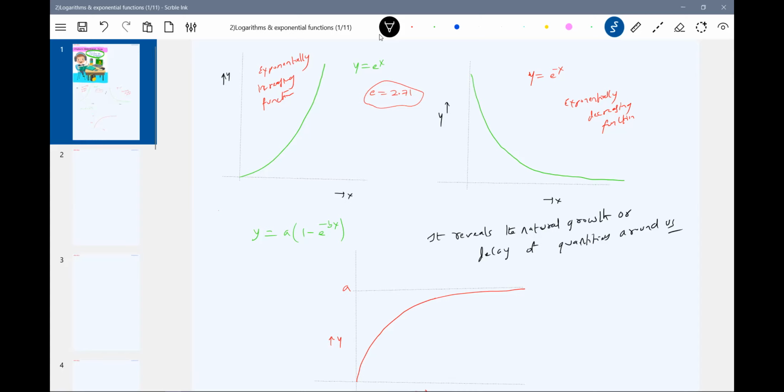So you can see many things, like how the temperature of an object varies with time, how a body cools with time, exponentially decreasing. The charge on a capacitor, how it varies with time, exponentially increasing. Most of the physical quantities vary with time in either of these ways. Or radioactive decay, where the exponential comes into the picture. It is related to natural phenomena, which we are trying to express using this exponential.